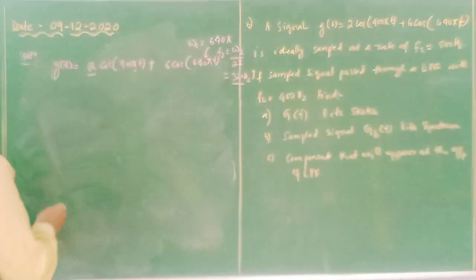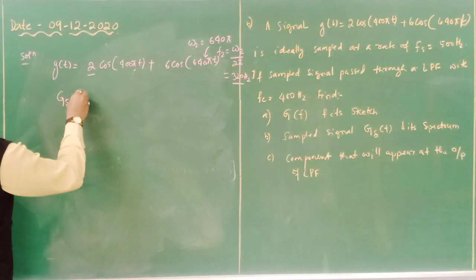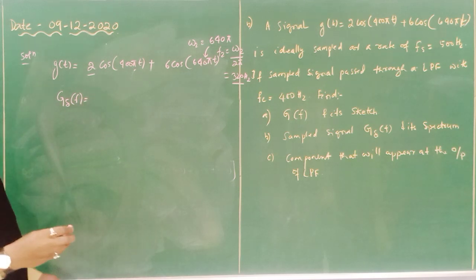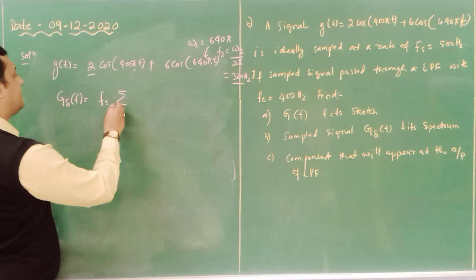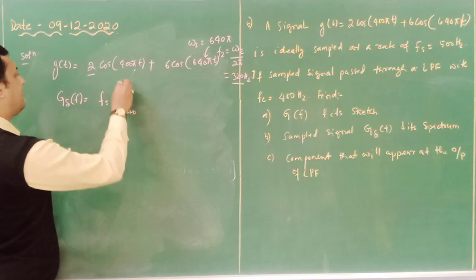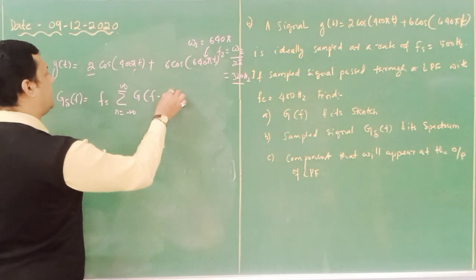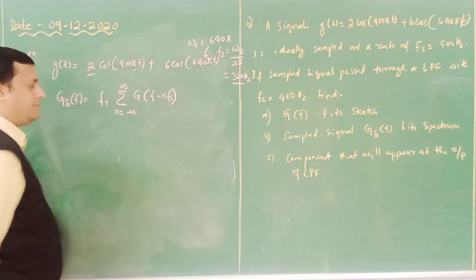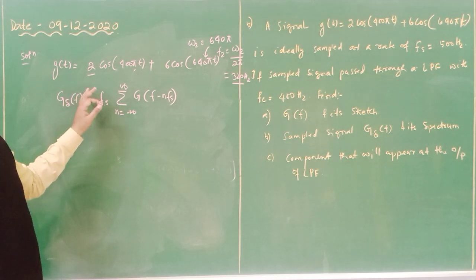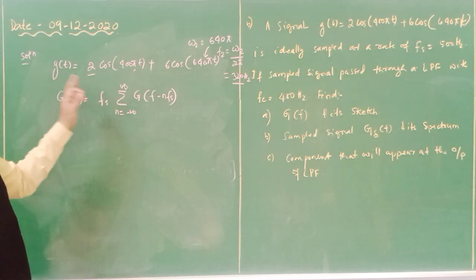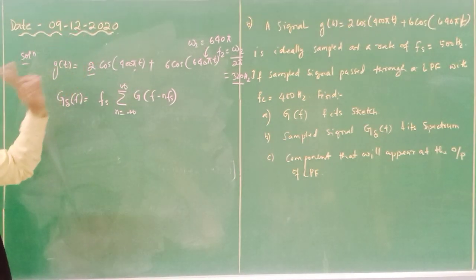So the sampled signal, that is g del of f, the basic equation I have to write. What is it? Fs summation n equals minus infinity to infinity g of f minus n fs. Done. So this is the equation for the sampled signal. What we have written for our natural sampling, flat top sampling, or instantaneous sampling.